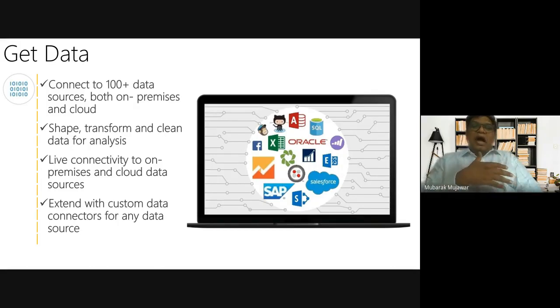As of now, I don't know any database or data set which cannot be connected to Microsoft Power BI. If you have a data set which you cannot connect to Power BI, just write an email to their customer service, and they'll design something so that you can connect your data to Power BI.